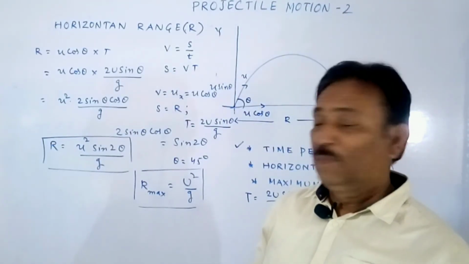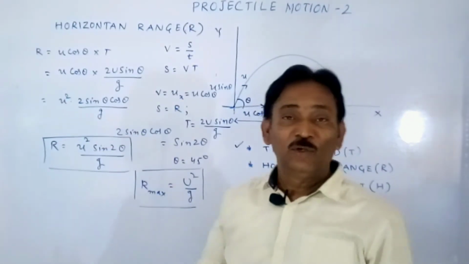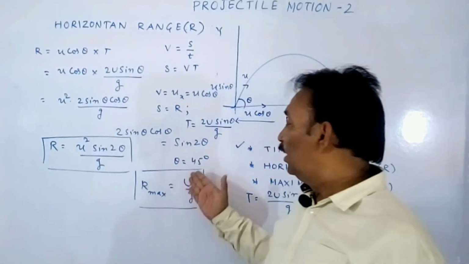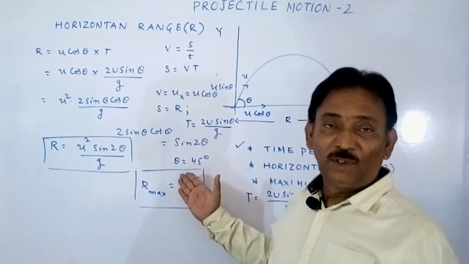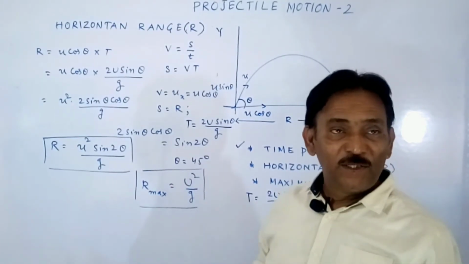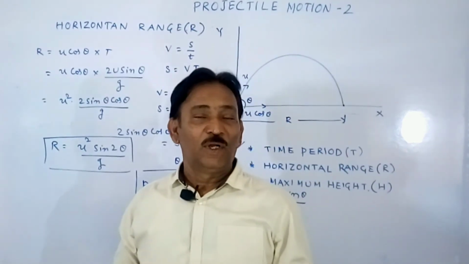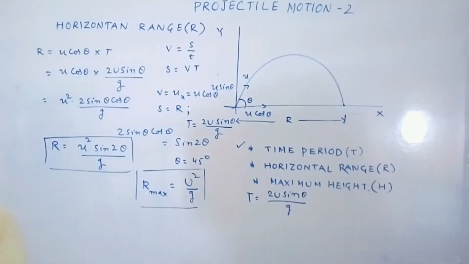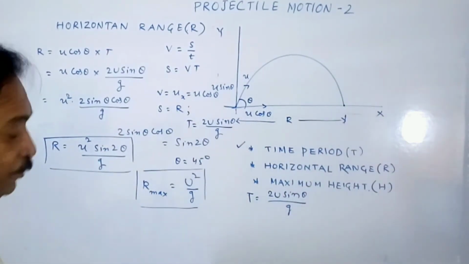And finally we got R is equal to u square sine 2 theta by g. Or in other words, if theta is 45, the range is maximum, R max is equal to u square by g. Okay, students? Then after, we are going to do one more.